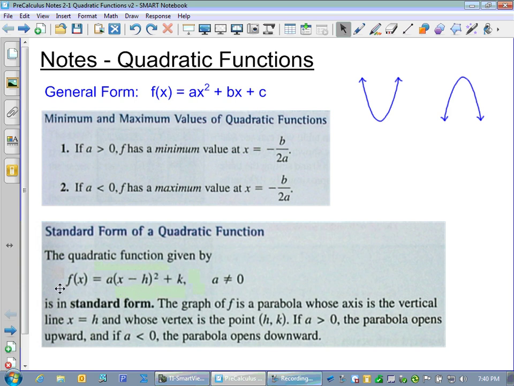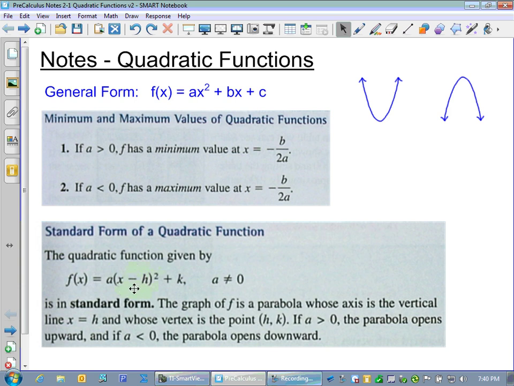When it's in this form, and of course a cannot equal 0, otherwise we wouldn't have a quadratic, it's very easy to find the vertex because it's simply the point h comma k, where k is whatever number is on the outside, and h is the one you would get when it fits the model x minus h.